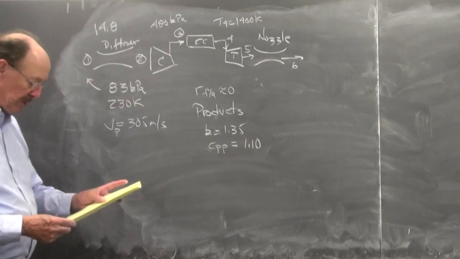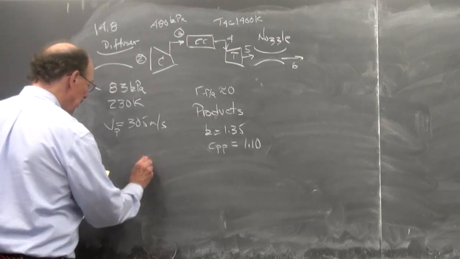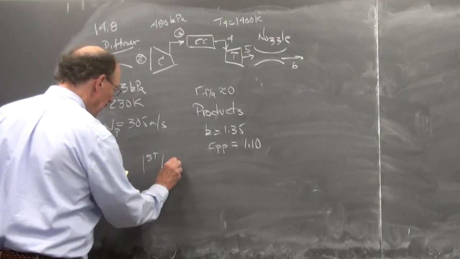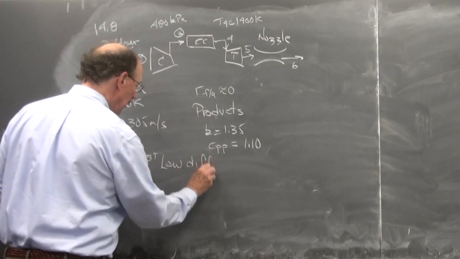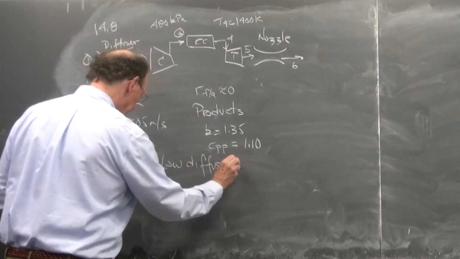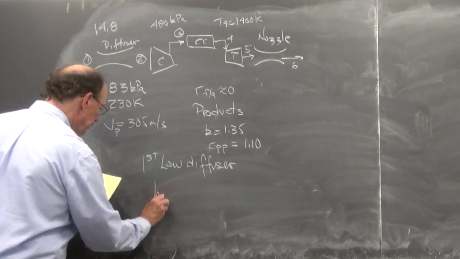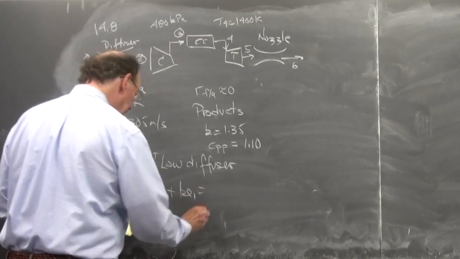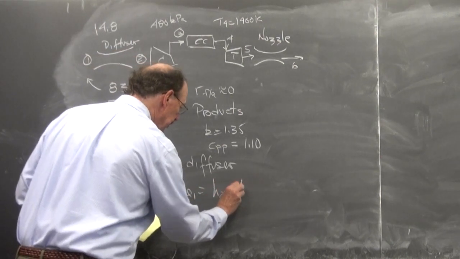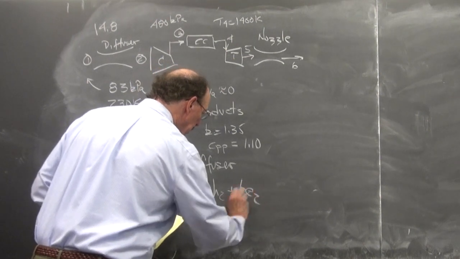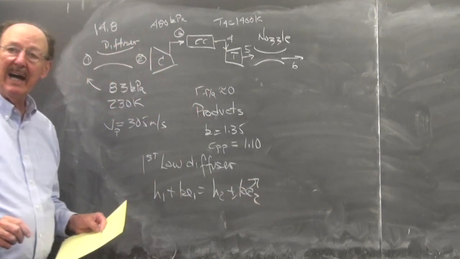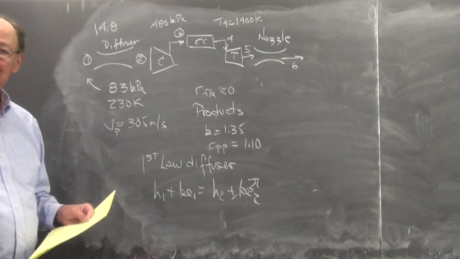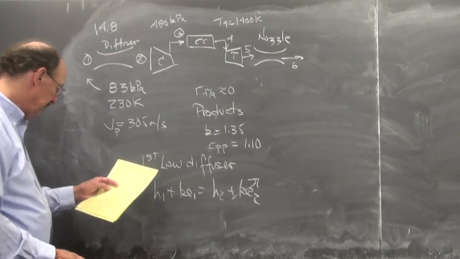So let's do the first law on the diffuser. I have h1 plus KE1 is equal to h2 plus KE2. But we're assuming it's an ideal diffuser, so the velocity leaving is 0.